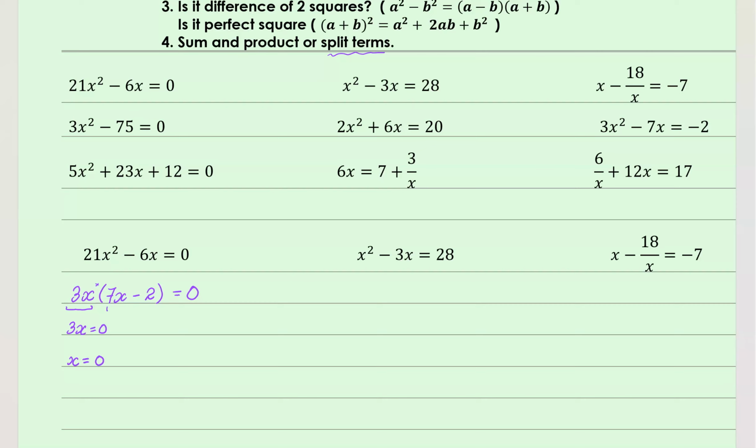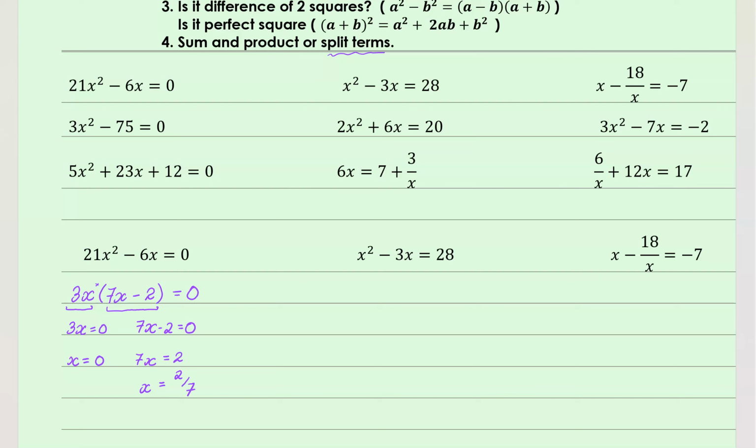Now we've got a second solution from here, right? Remember, 0 times anything gives you 0. So we've got a second solution, and we're solving 7x take 2 equals 0. Simple algebra, whack the 2 on the other side and get rid of the times by 7, so we divide by 7. And those are our 2 solutions.